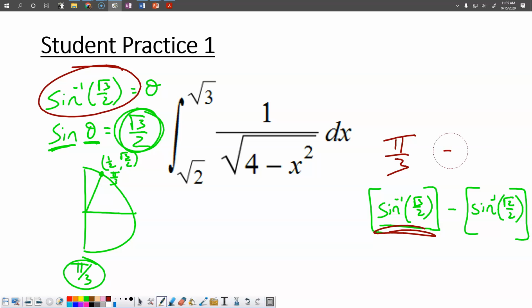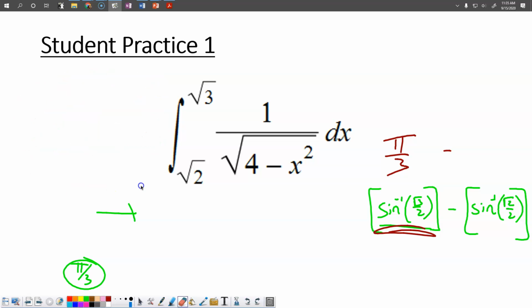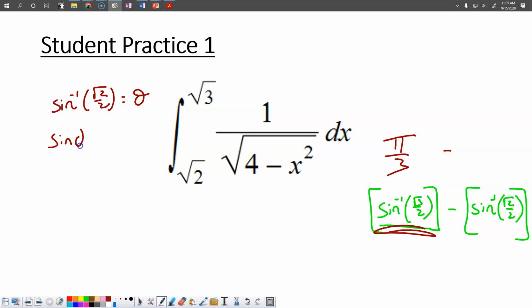The next one would be, basically I'm looking for where sine is, if I want to know if arc sine of radical 2 over 2 is equal to theta, that means that sine of theta is equal to radical 2 over 2.